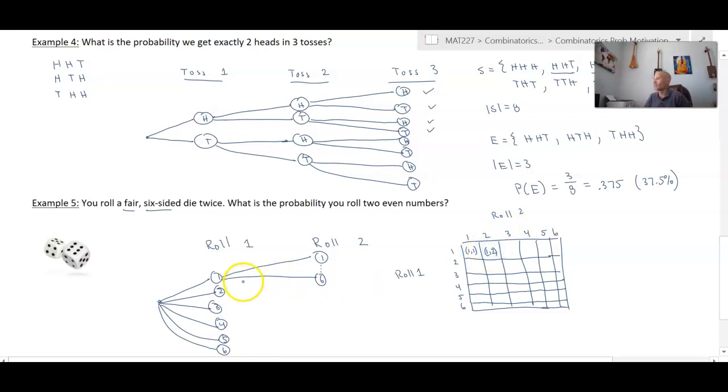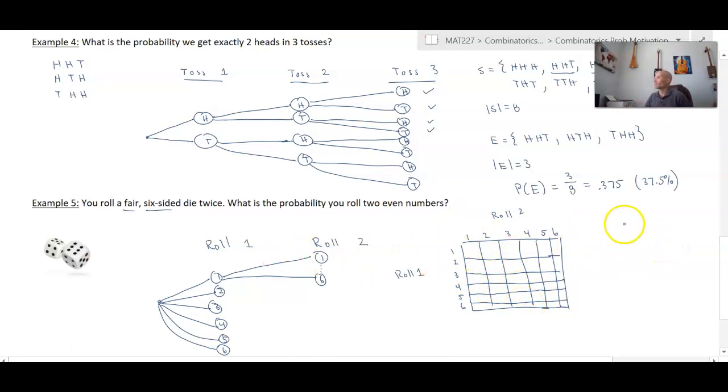You can really see that this first row is just representing this first section of the tree diagram, and then a 1, 3, a 1, 4, a 1, 5, and a 1, 6. Now, what we want to ask is, first of all, we see that there are 36 possibilities. There are 36 cells in this table.